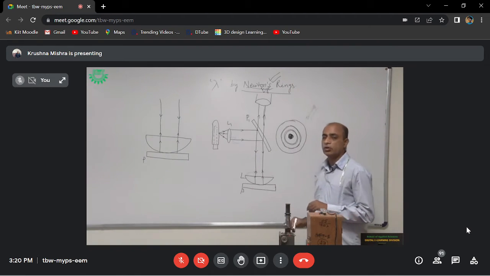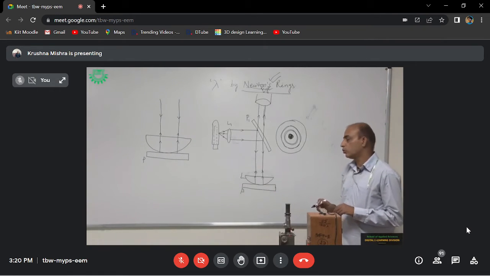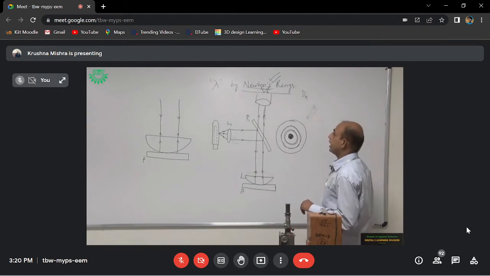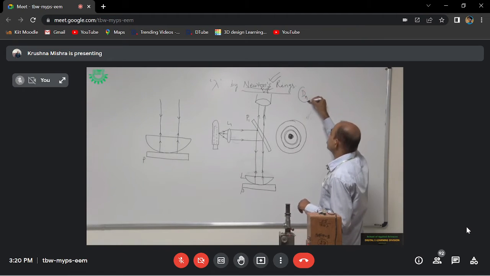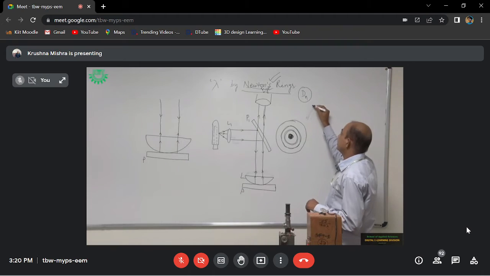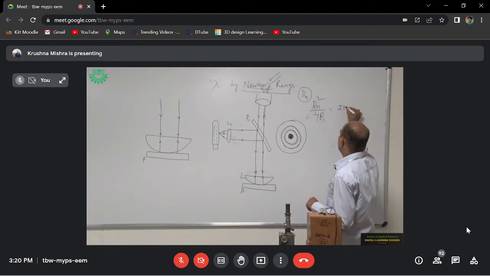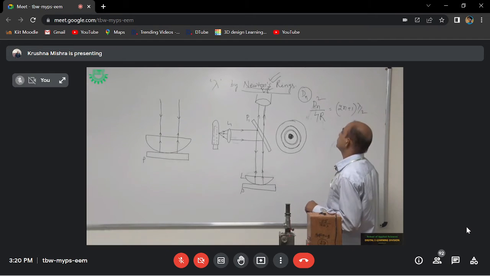So we will read all these things in our theory in detail, and we will derive the formula also there. If dn is the diameter of the nth ring, then dn square divided by 4r is equal to (2n plus 1) multiplied with lambda by 2.